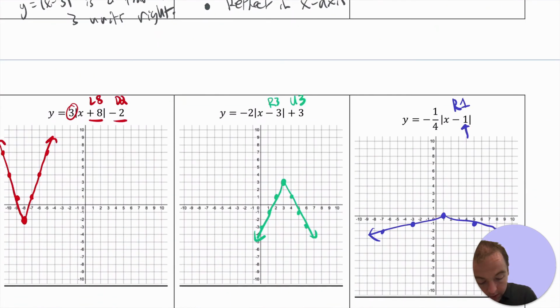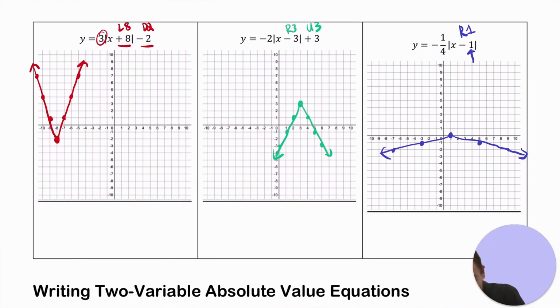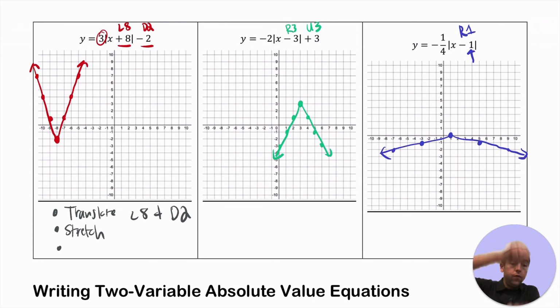And then for these 3 examples that we did just most recently, starting with this first one, we did translate left 8 and down 2. And then we also did stretch. And when you say stretch, you have to specify that it's a vertical stretch, because there is such a thing as a horizontal stretch. We're not going to talk about that sort of stuff yet. So we stretch vertically by a factor of 3 in that particular case. I guess I don't need that third bullet point there.